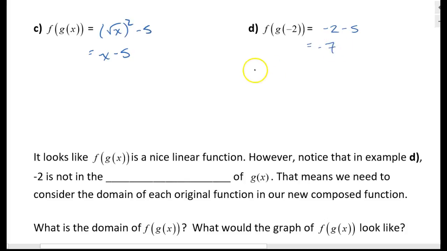The only problem here is that this is also not possible, because negative 2, if I plug it just into g, I can't take the square root of a negative number, and so this is actually a non-permissible value.